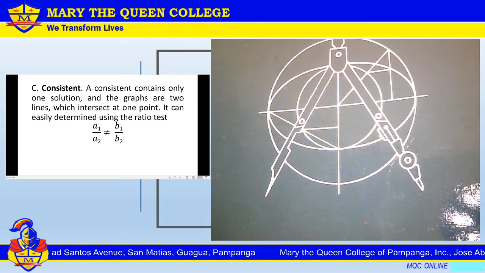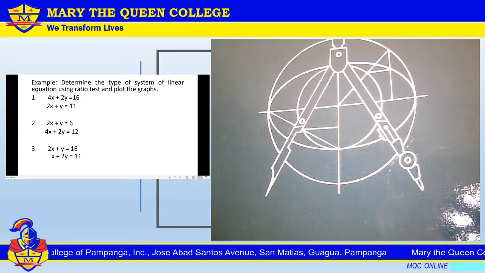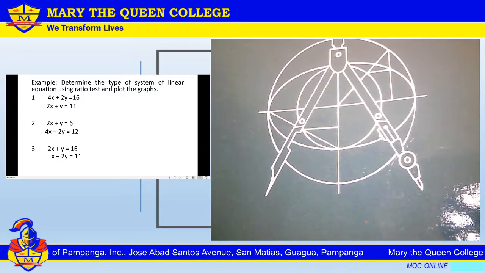In linear programming, we are looking for the exact solution wherein these two lines or graphs intersect. That is why you have to be familiar with the ratio test. If the ratios of a and b are not equal, automatically it is a consistent system having intersecting lines. Okay? So we'll proceed now with our examples.